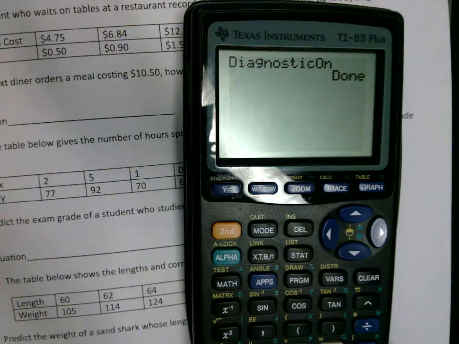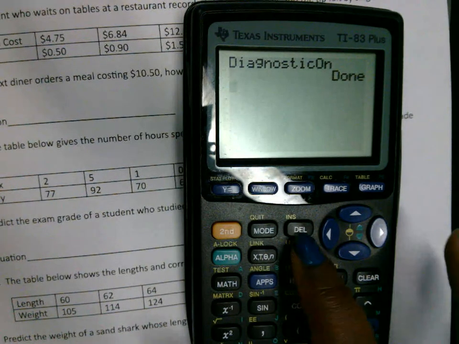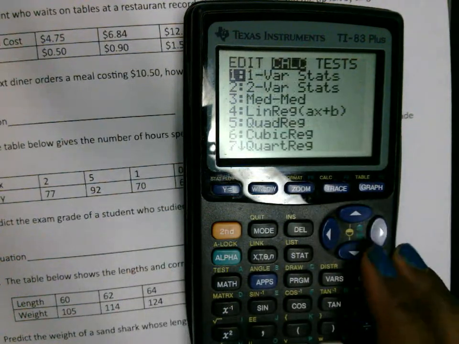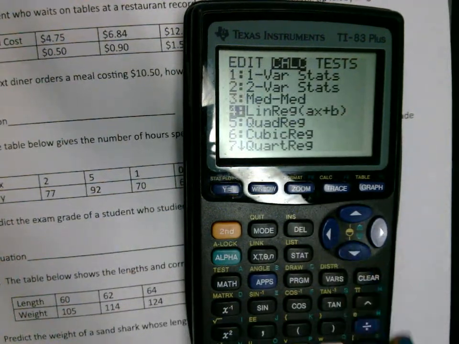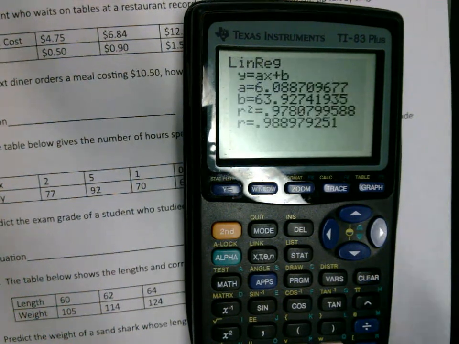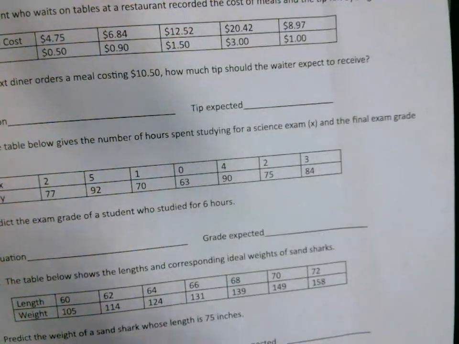All right, so now we're going to do the line of best fit. Then it will give us our R, our correlation coefficient. So let's press stat, go over to calc, linear regression, number 4, then enter. Because we're not going to graph the line, we just want the line of best fit. Look at my answer choices.